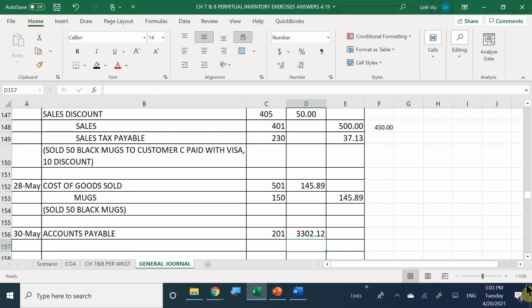Now, if you remember from way back in the chapter 5 and 6 review, if you can create your own ledger, I'm not going to obligate you to know that just yet.